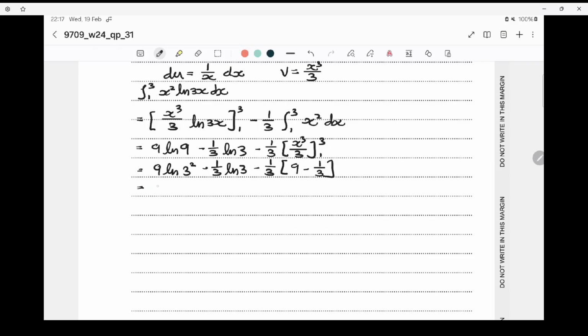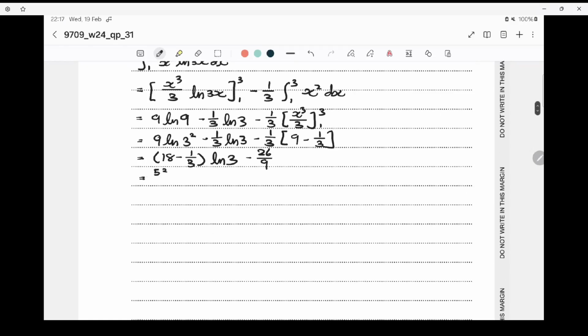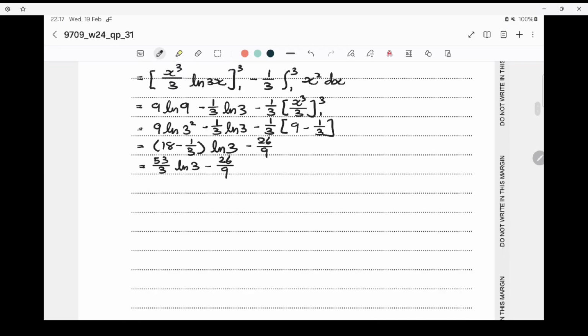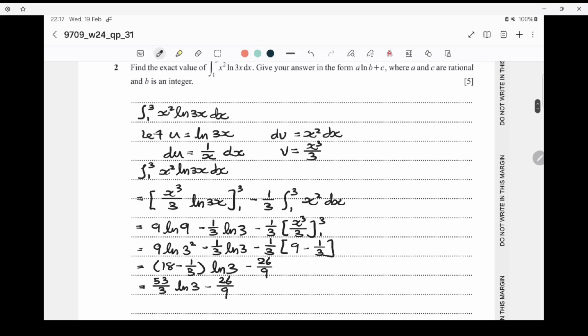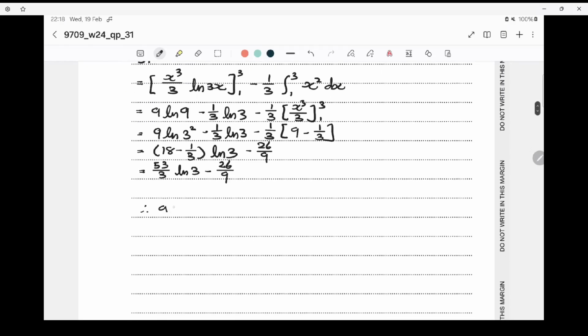In the end, you would get 18 minus 1 over 3, this is ln 3, minus 26 over 9. So then you will have 53 over 3 ln 3 minus 26 over 9. Therefore, a and c are rational: a will be 53 over 3, b will be 3, c will be minus 26 over 9.